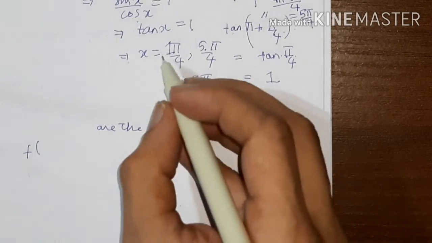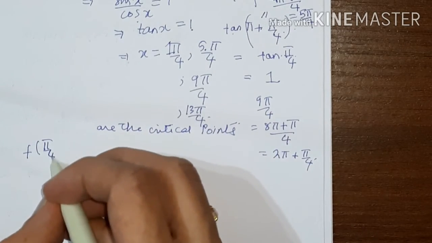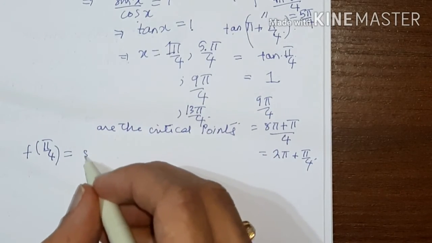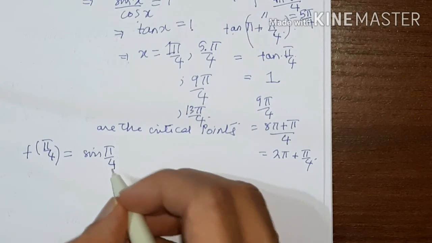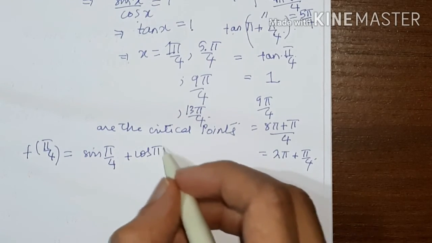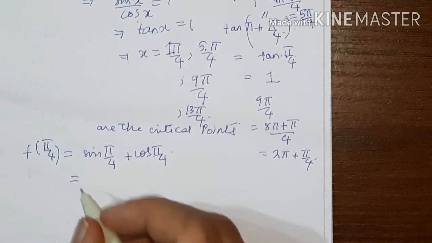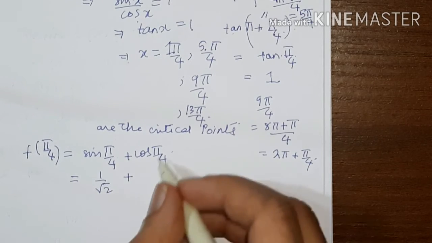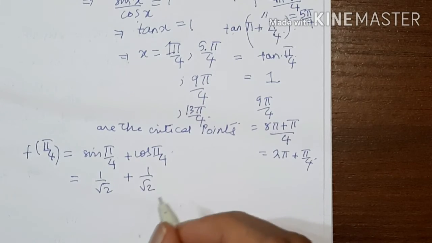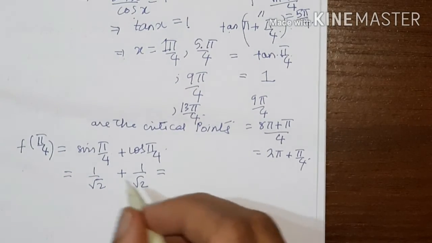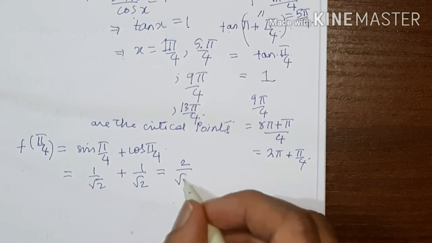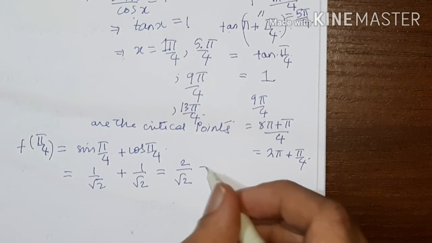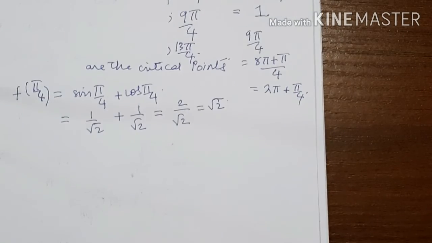So let us check at the first point, that is pi by 4. That is nothing but sine pi by 4 plus cos pi by 4. Sine pi by 4 is 1 by root 2, plus cos pi by 4 is also 1 by root 2, right? Now if you add this, what you get? 2 by root 2, which is nothing but root 2.